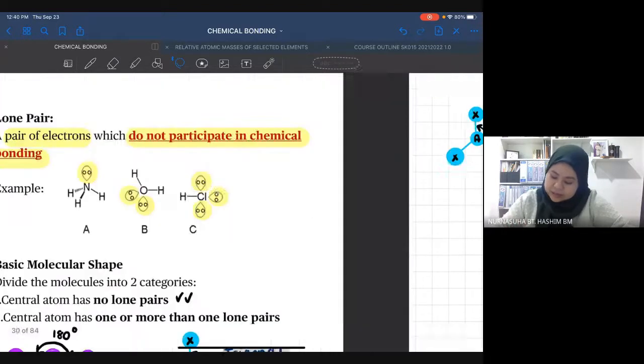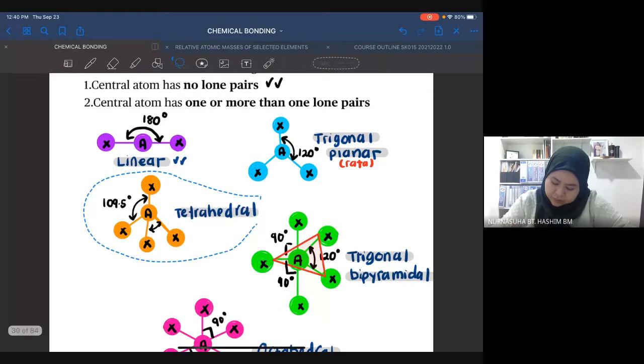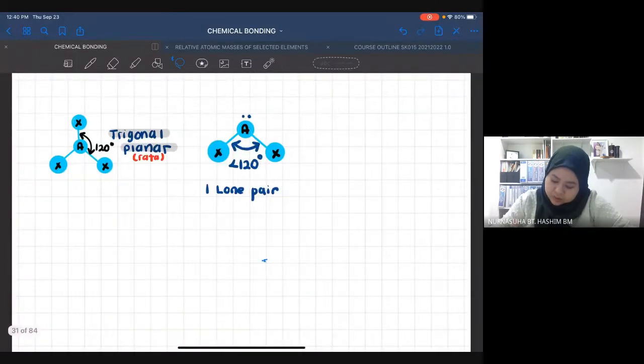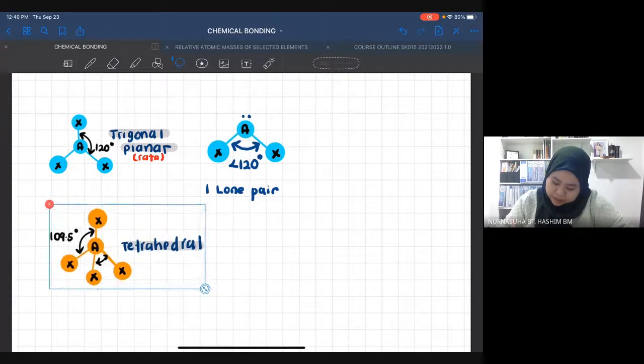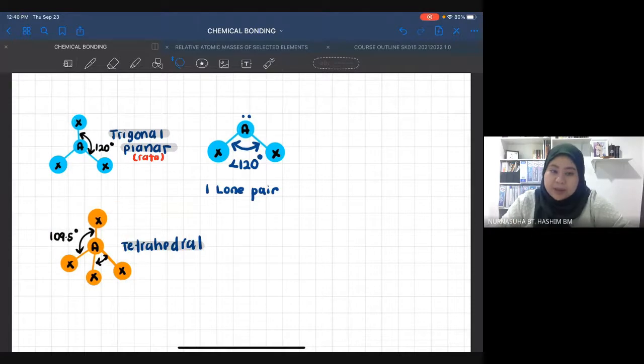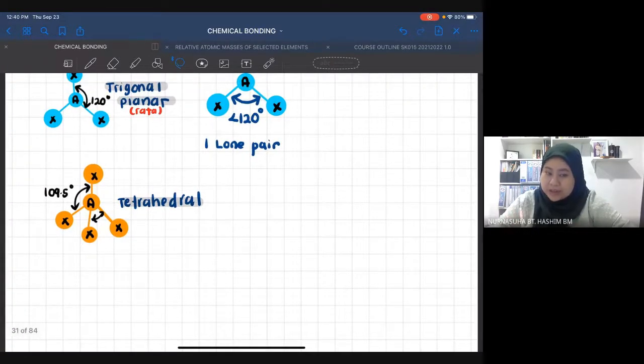Okay, next kita tengok Tetrahedral. Kalau tidak ada lone pair, molekul berbentuk Tetrahedral.